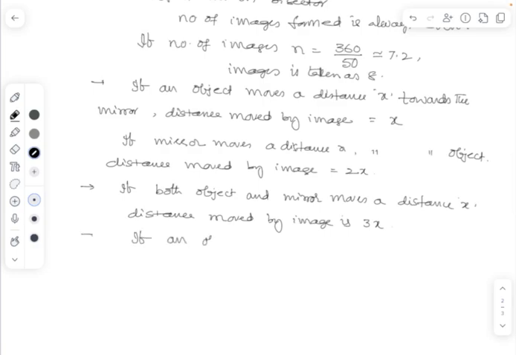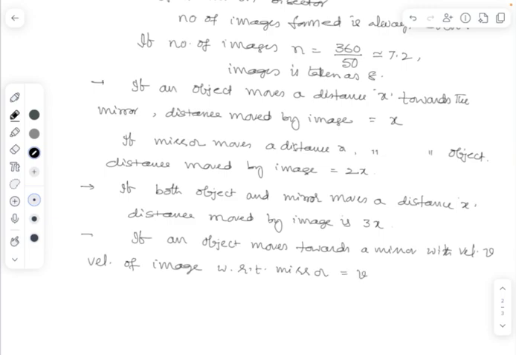If an object moves towards a mirror with velocity v, velocity of image with respect to mirror equal to v, velocity of image with respect to object is 2v.